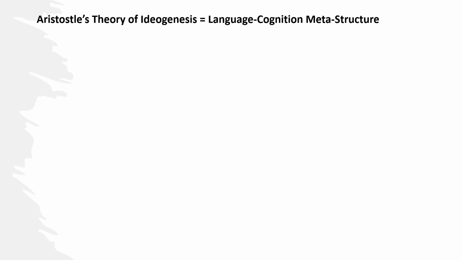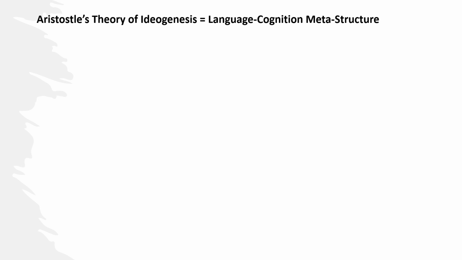Now, we begin with Aristotle's theory of idiogenesis, or the theory of cognitive linguistic metastructure. Idiogenesis refers to the origin or birth of an idea. From another article I read, it refers to the origin or birth of a mental picture, and that mental picture is known as an idea or essence of a particular thing.